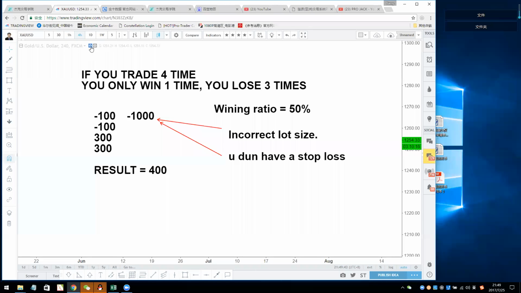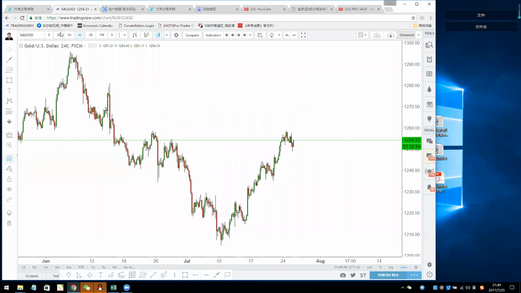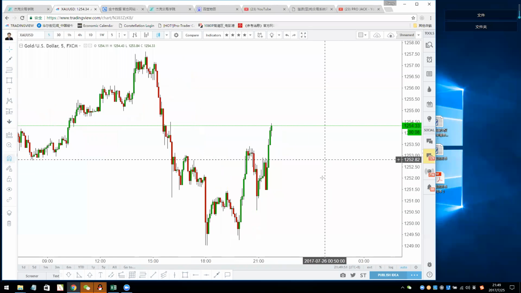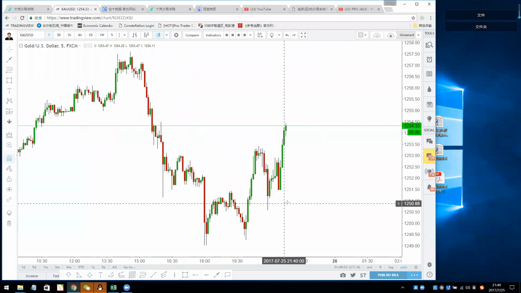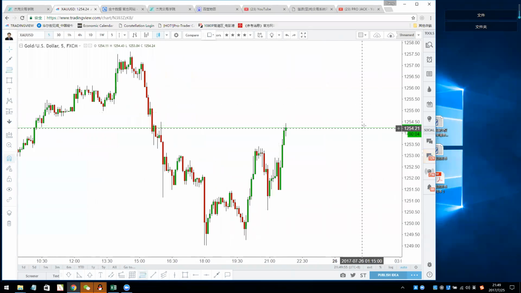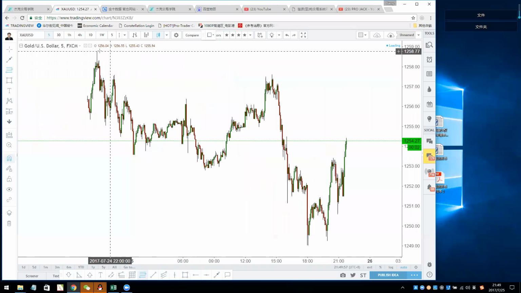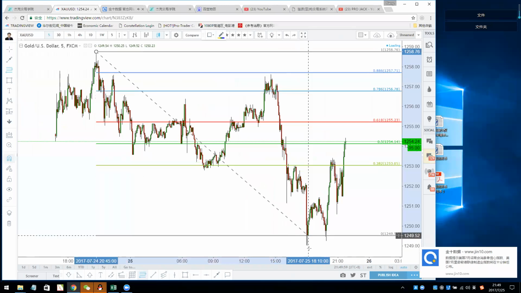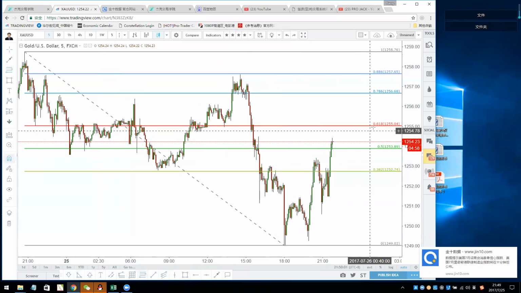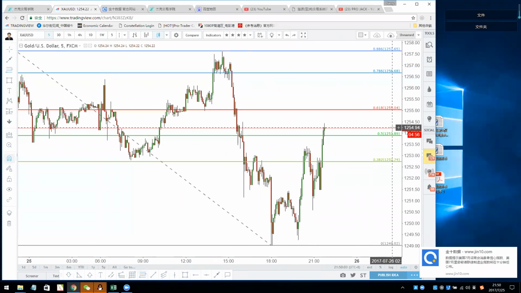Right now for the gold, on the 5 minute chart, our 2618 trade buying from 1250, you can already take profit, because it's going to touch 1255.